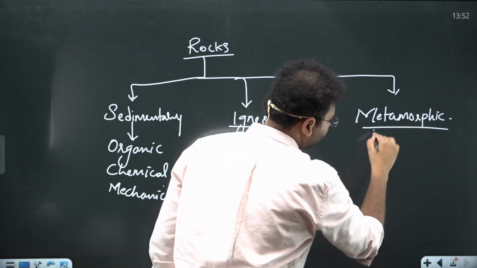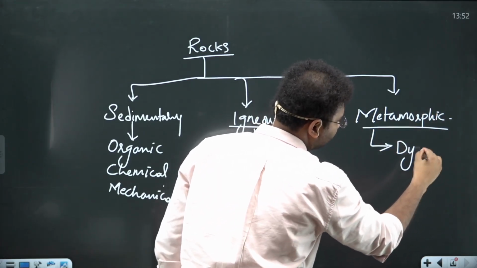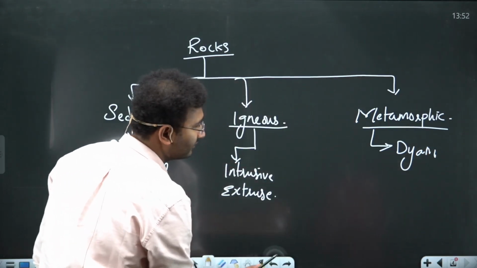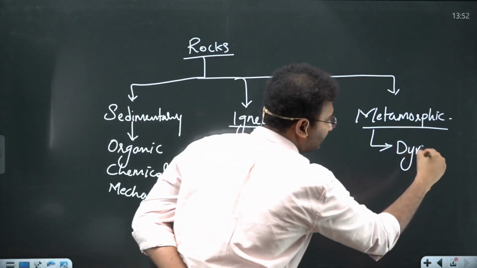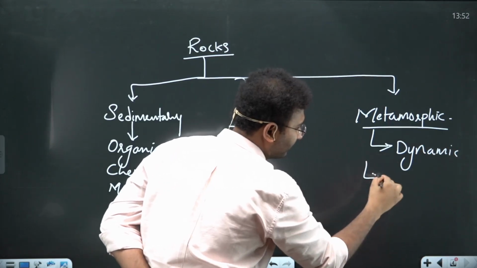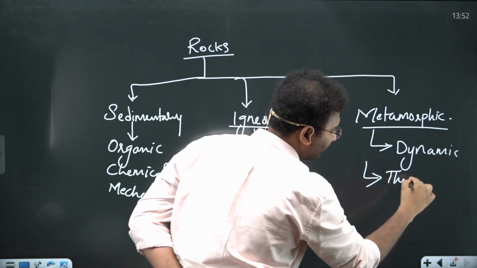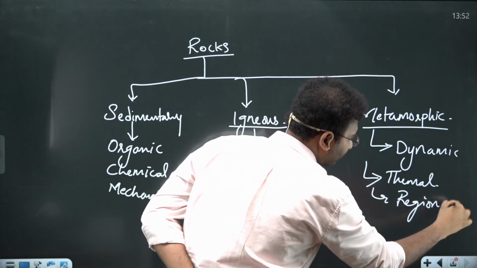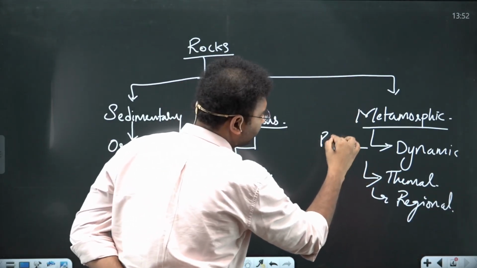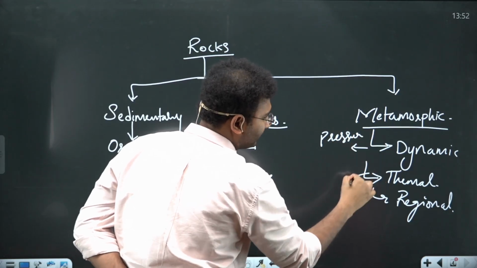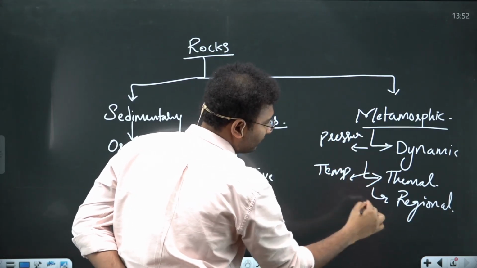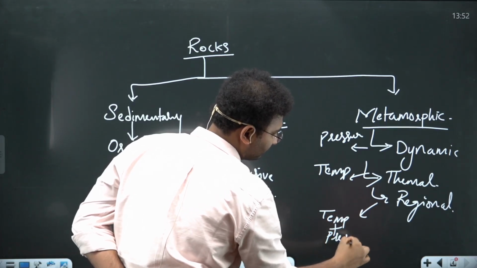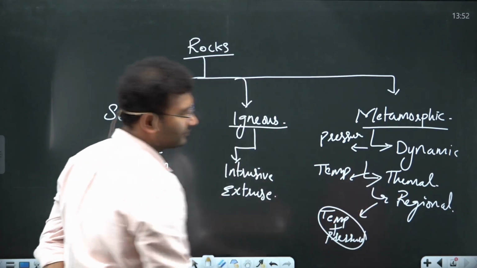Now these metamorphic rocks can be dynamic metamorphism, or thermal metamorphism, or regional. Dynamic is through pressure, thermal is through temperature, and when you give temperature plus pressure, this becomes regional.